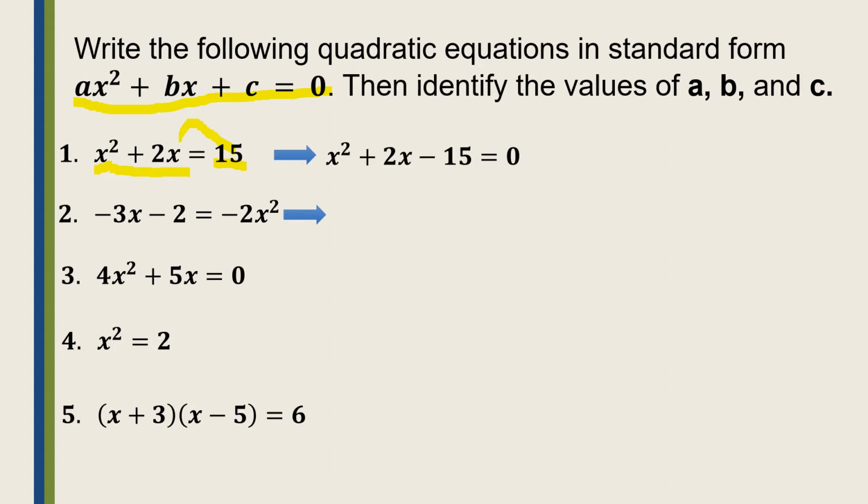Ito ang magiging sagot: x squared plus 2x minus 15 equals 0. Bakit naging negative dito yung 15? So, nag-transpose tayo from right to left side.